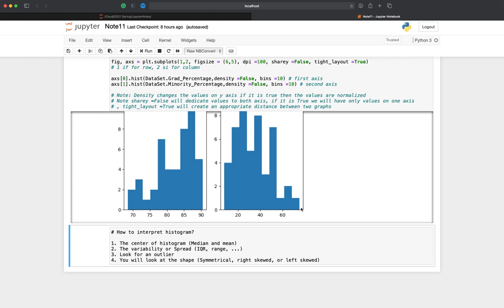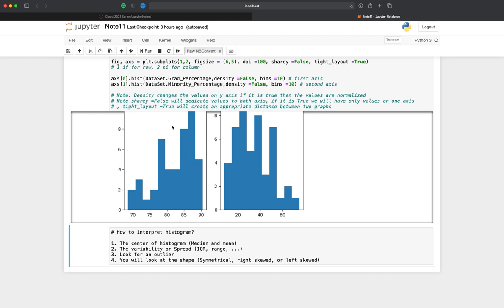And there are one or two states that have the highest percent of minority people. So this is the way the right skewed graph helped me to explain the graph.